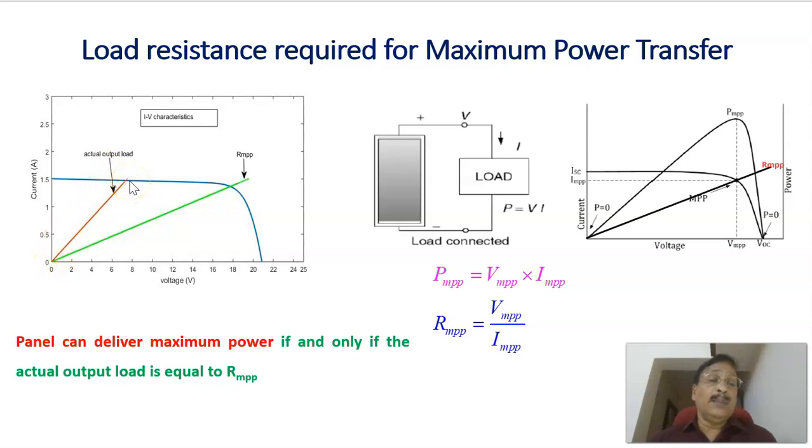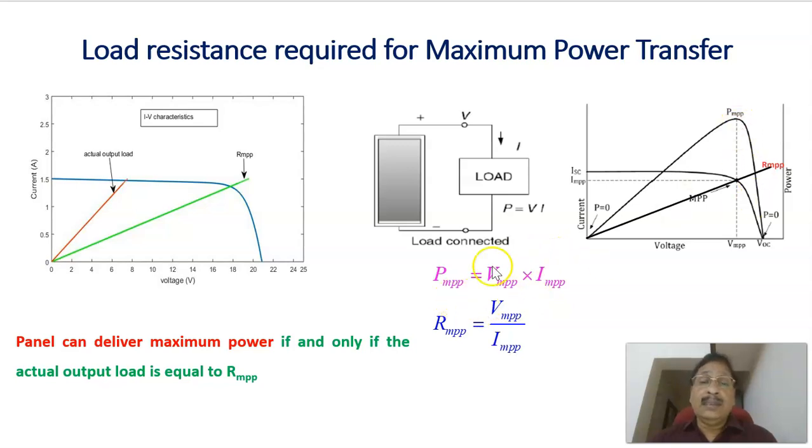As an example here, if the load resistance is like this one, this is the operating point, that can extract somewhat less than the maximum power. But if the resistance is the same as RMPP, that is this line, then it can extract the maximum power from the solar panel. Thus, by adjusting the load resistance, we can extract maximum power from the solar panel.